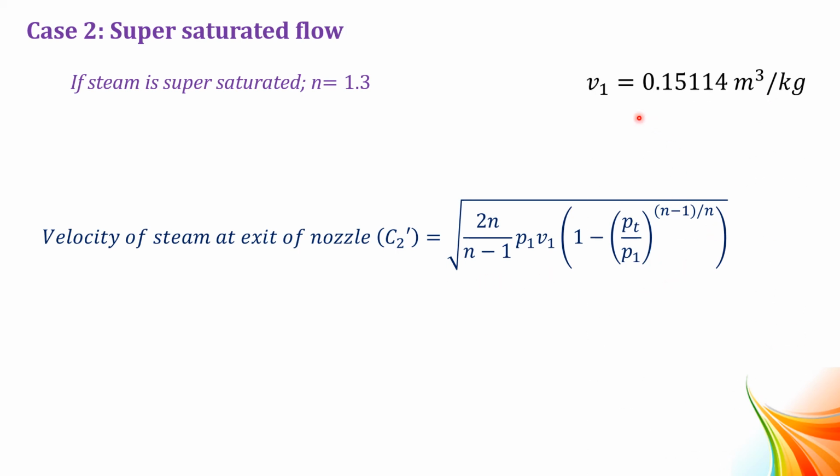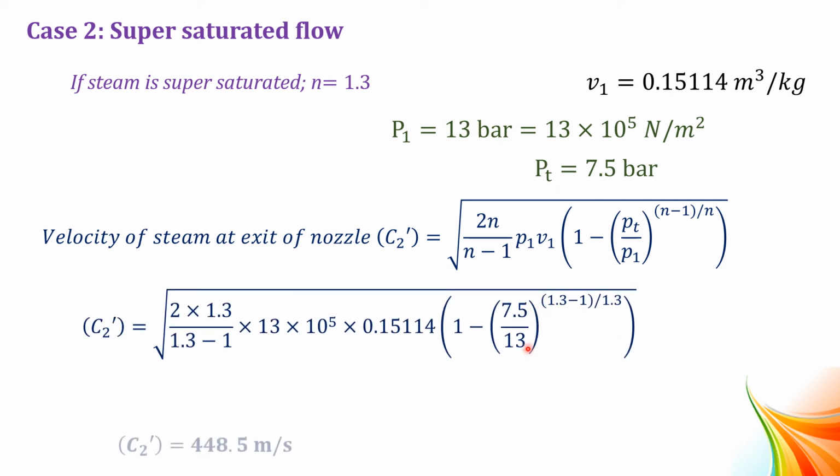We know V1 equal to 0.15114, which is obtained from the steam table, and P1 value is 13 bar, which is given in our problem. Pt equal to 7.5 bar, which is calculated from the critical pressure ratio equation. Now substituting these four values in the velocity equation, we get C2 dash equal to 448.5 meters per second.